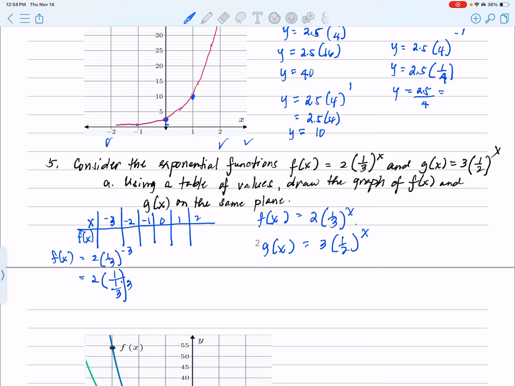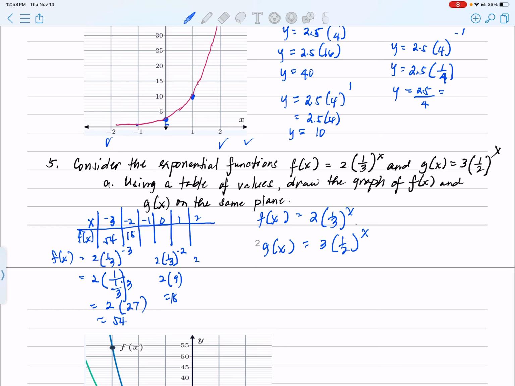So this will be 2 times 3 to the third power, which is 27, so that would be 54. All right, do the same thing. 2 times 1/3 to the negative 2, making it positive: 2 times 9, that would become 18. Same thing with 2 times 1/3 to the first power.